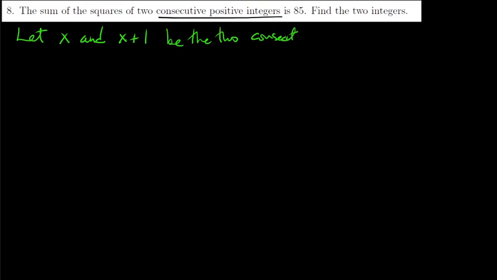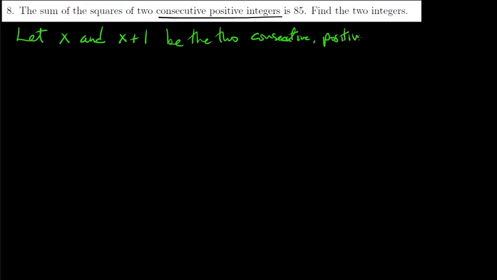Okay, number 8. The sum of the squares of two consecutive positive integers is 85. Find the two integers. We're looking for two integers, and notice they are consecutive positive integers. So let's let x and x plus 1 be the two consecutive numbers, one after the other, and they should be positive.